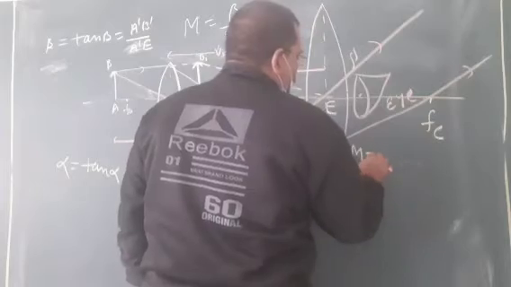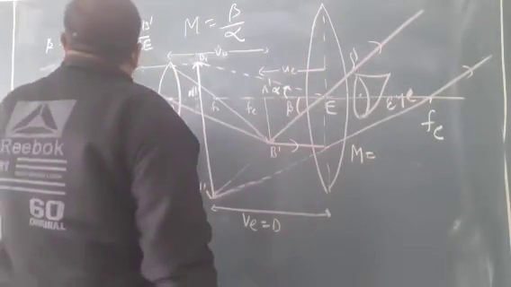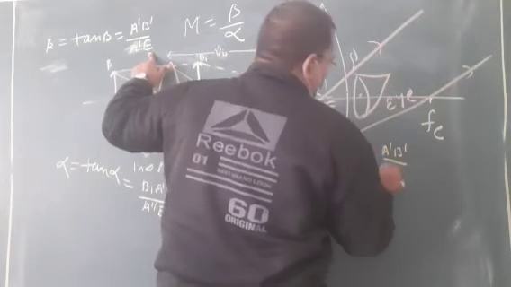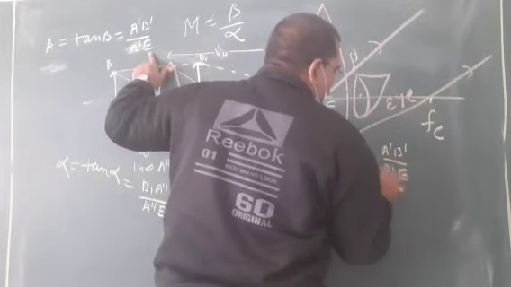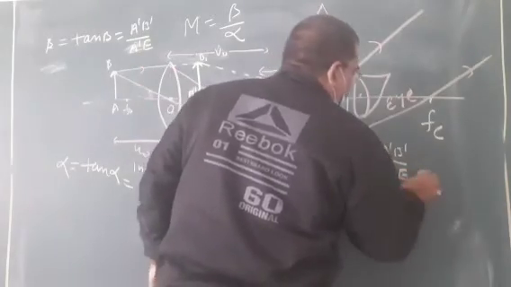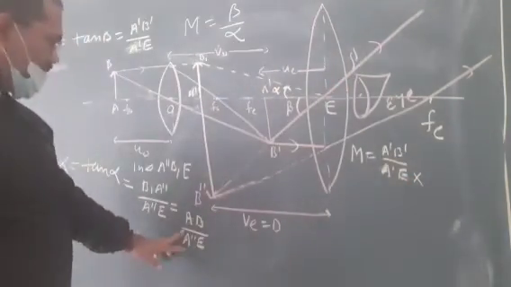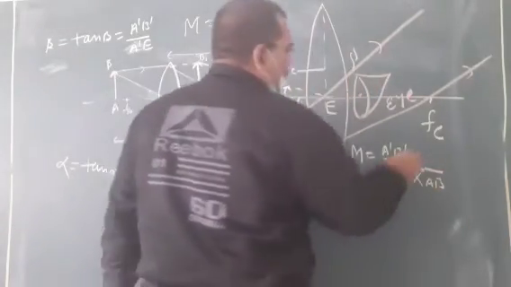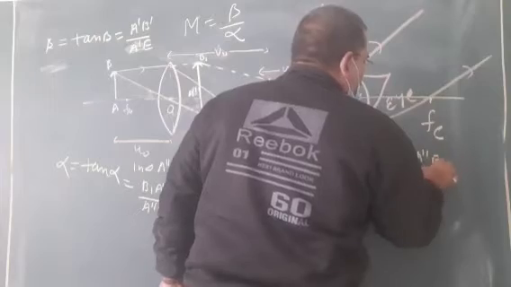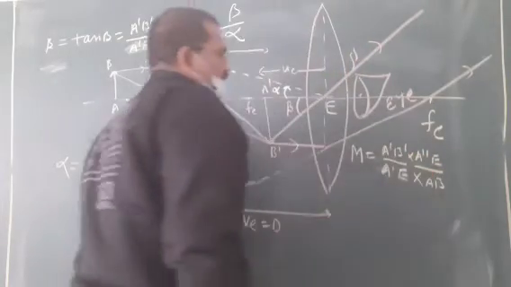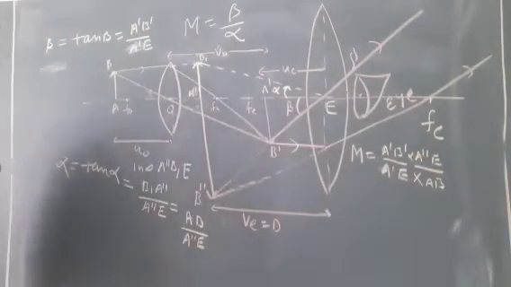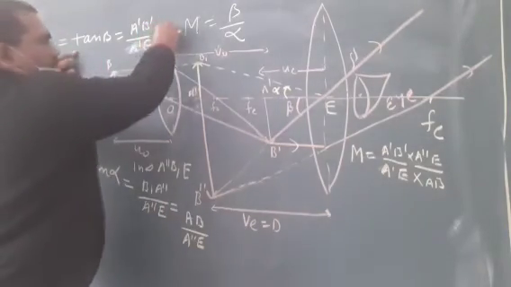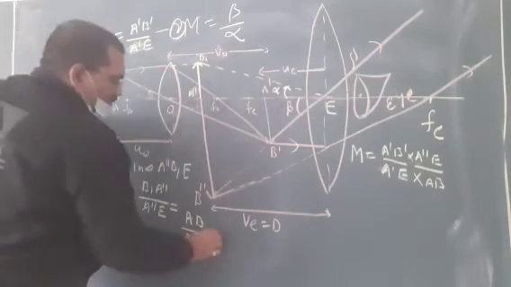M equal to A dash B dash upon A dash E, upon AB upon A double dash E. This is equation number 2, this is equation number 1.